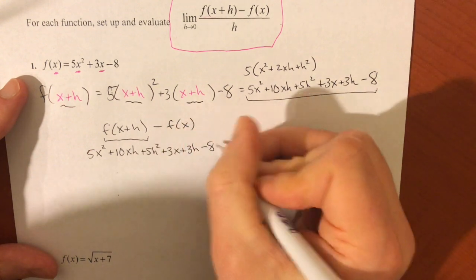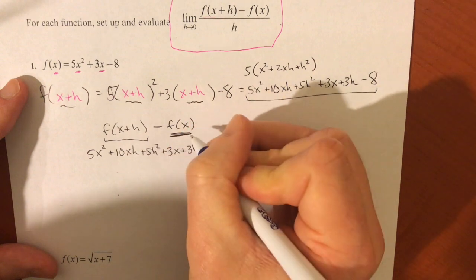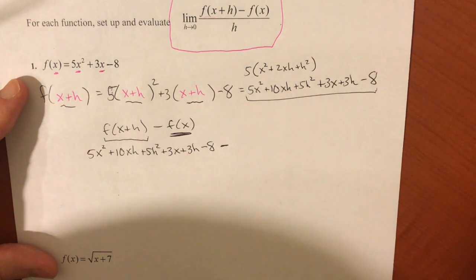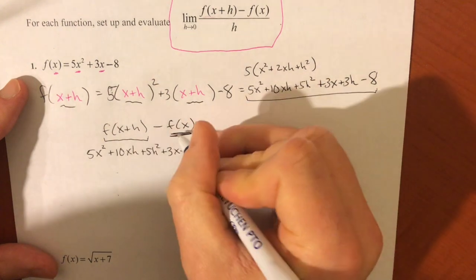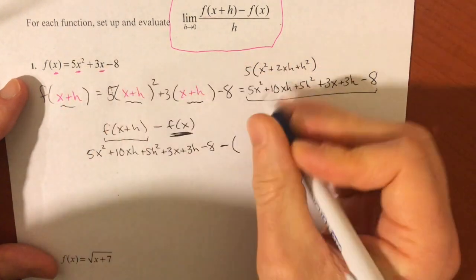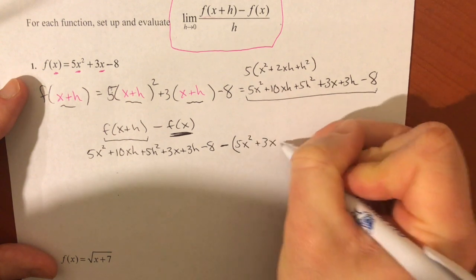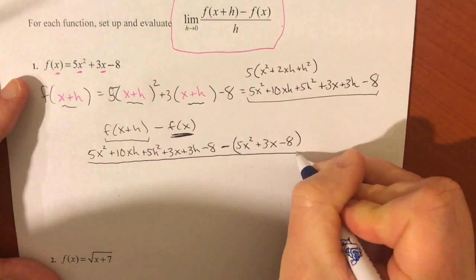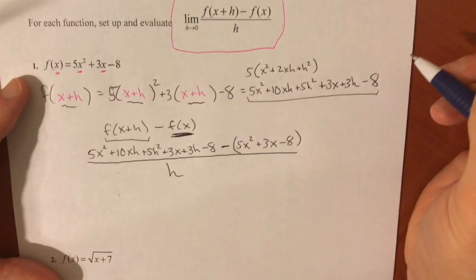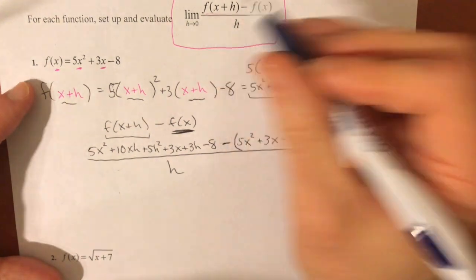And then I'm doing minus f of x. And f of x was the original function. Just be careful you're subtracting that whole function, so you've got to wrap parentheses around it and distribute that negative to subtract the entire thing. And that's all divided by h. And then I'm going to take the limit of this whole thing as h approaches 0.